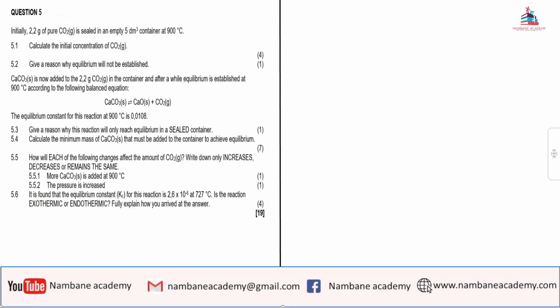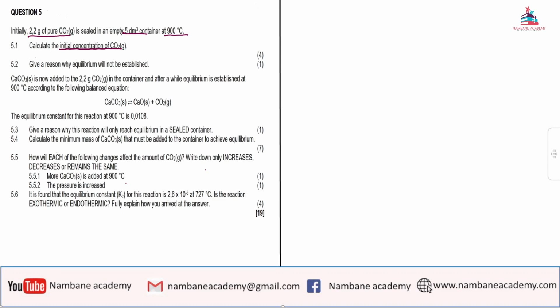It says, initially 2.2 grams of pure carbon dioxide is sealed in an empty 5 decimeter cubed container at 900 degrees Celsius. Calculate the initial concentration of carbon dioxide.